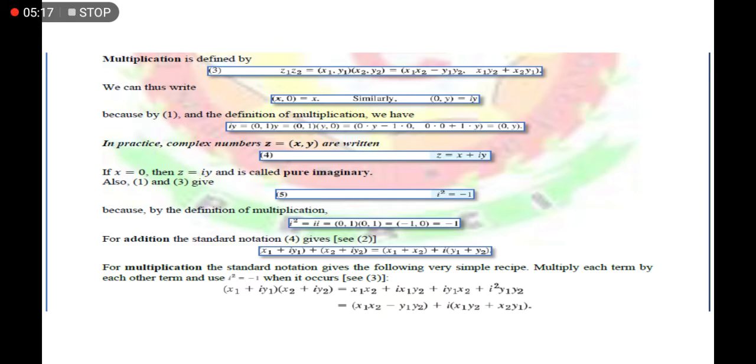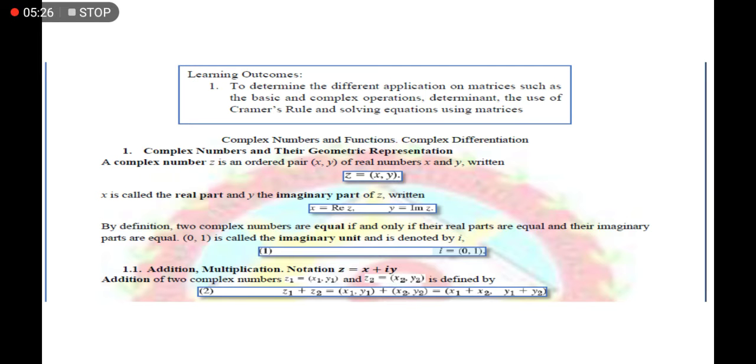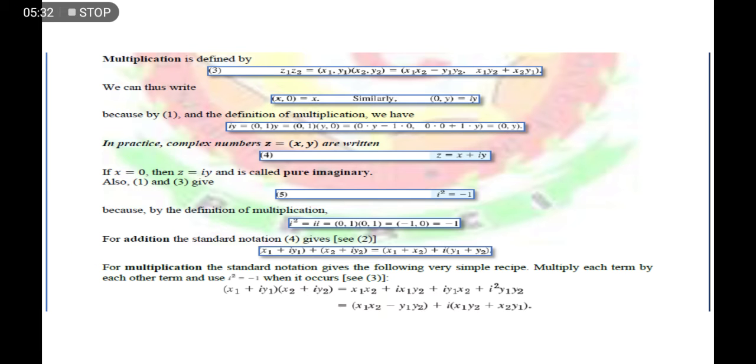We can also rewrite x1, 0 as just x. Why? Because, same with equation number 1, where we represent i with 0, 1, a combination of real and imaginary.